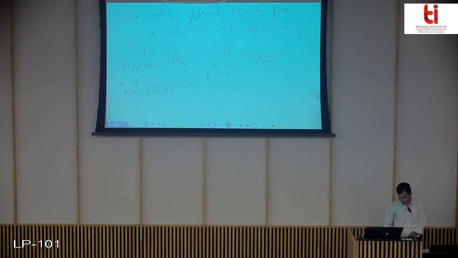So this gives me limit x tending to 0, and I got here minus m under root 1 plus m square, and this gives me minus m upon under root 1 plus m square. So this is the limit I got in this question, when x, y approaches 0, 0.